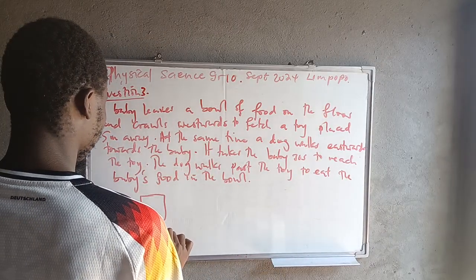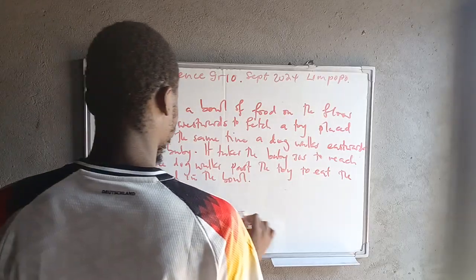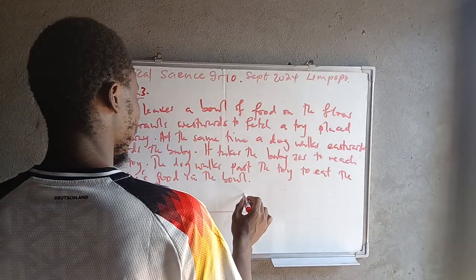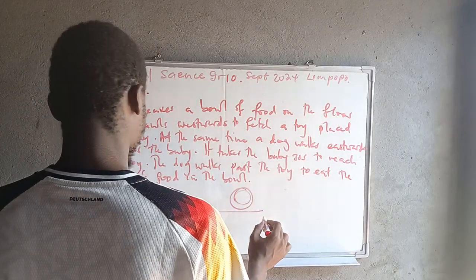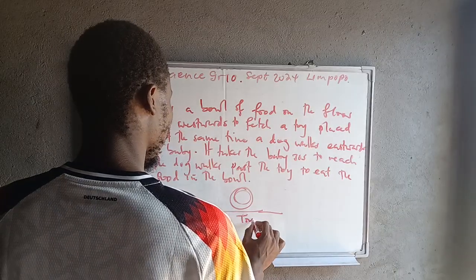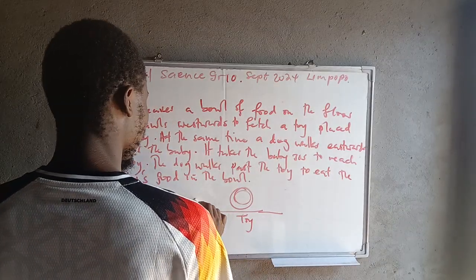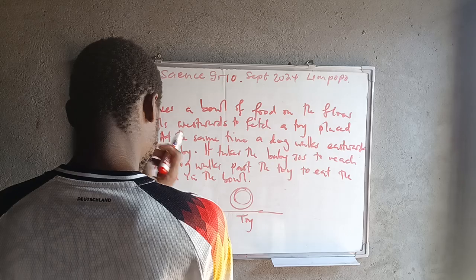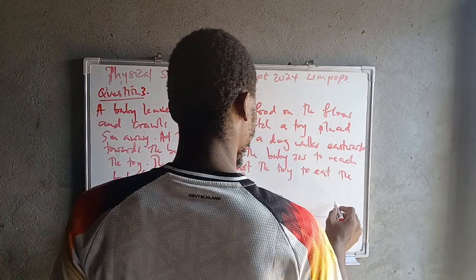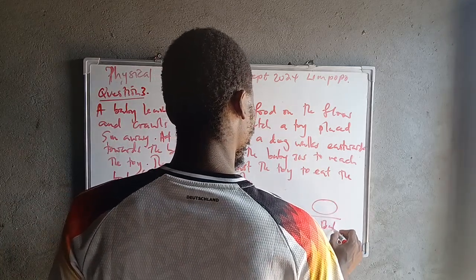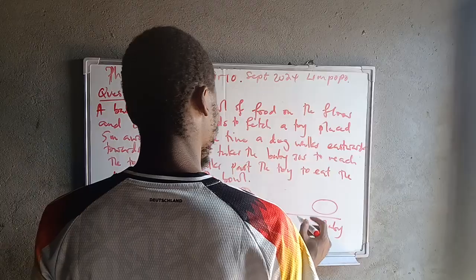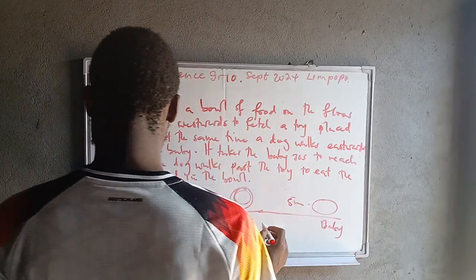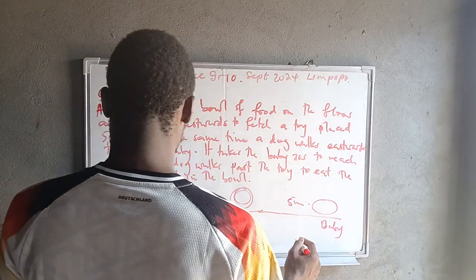Right, that's the dog. So this is the toy. Between these there is 7 meters. Then the baby. The baby is 5 meters away from the toy.